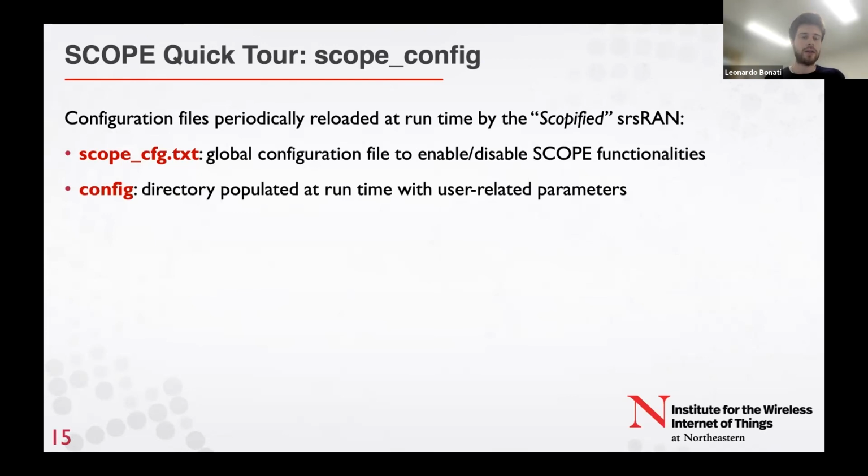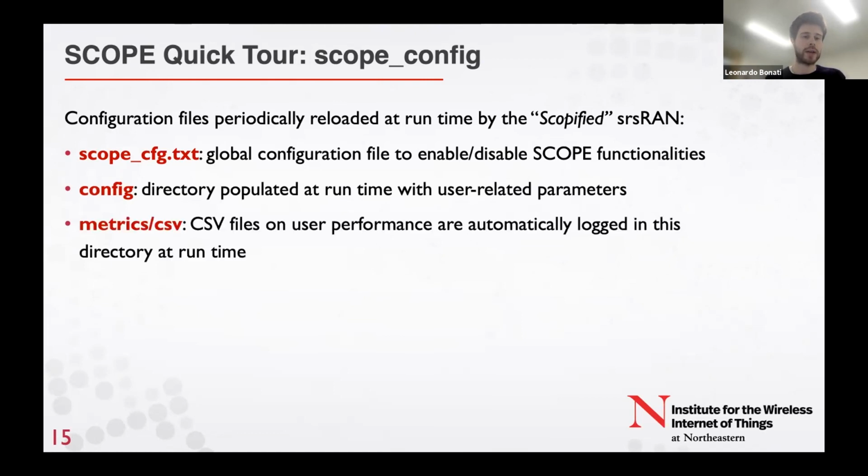And then there is a config directory that gets populated at runtime with the user-related parameters, and also a metrics directory that saves all of your runtime metrics from the run in a nice and clean way for you to either parse it at runtime or to parse it offline. So the metrics are logged in this directory at runtime.